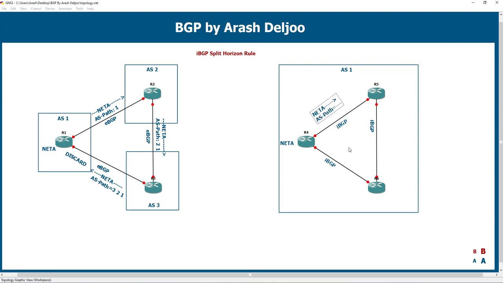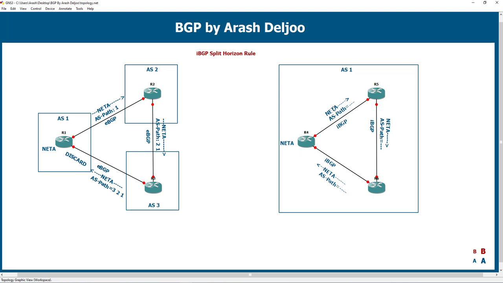Now R5 forwards it to R6, and because R6 is an iBGP neighbor, R5 shouldn't increment the AS path. After that, R6 sends this update to its iBGP neighbor R4, again without incrementing the AS path, because R6 and R4 are iBGP neighbors.